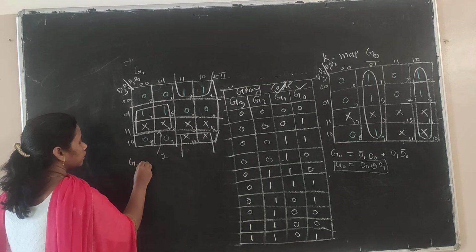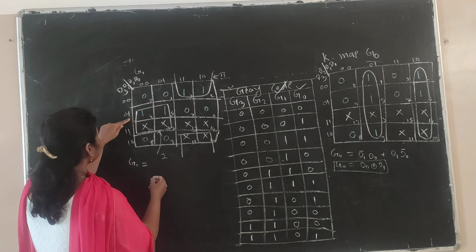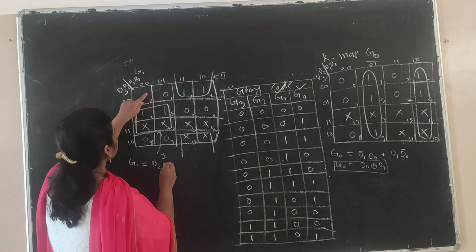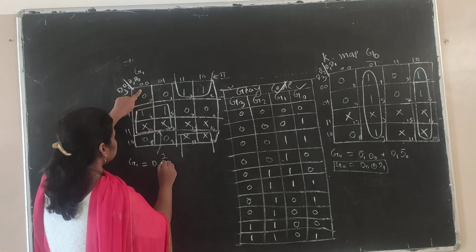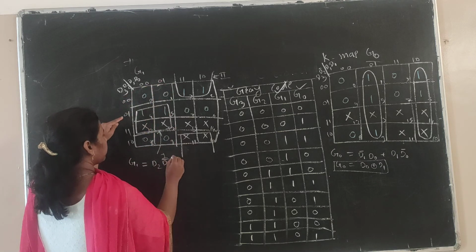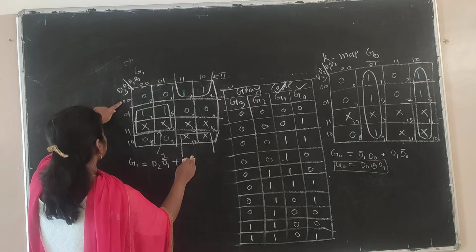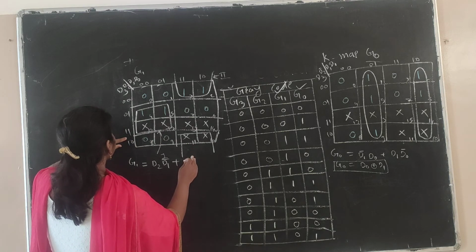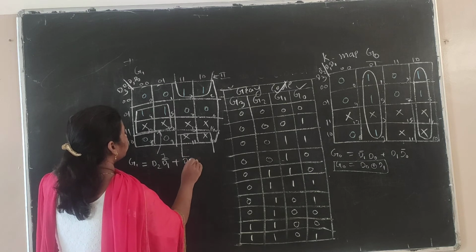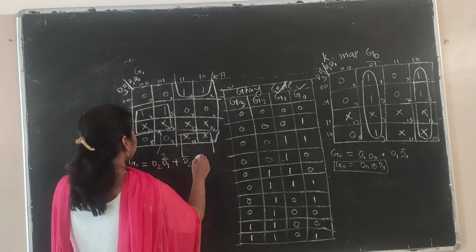That's why G1 is equal to, first for this first group common term it is D2 into, in this common term it is D1 bar, because 0 is common there, plus for this group common term it is D2 bar into, from this common term it is D1.